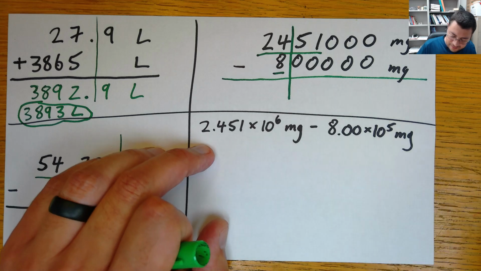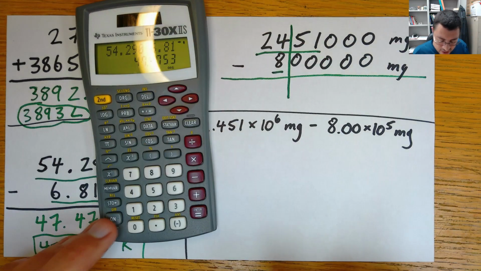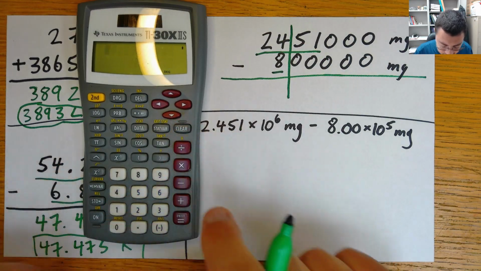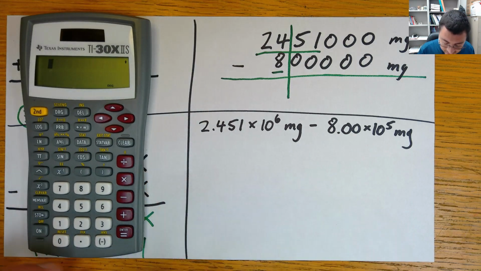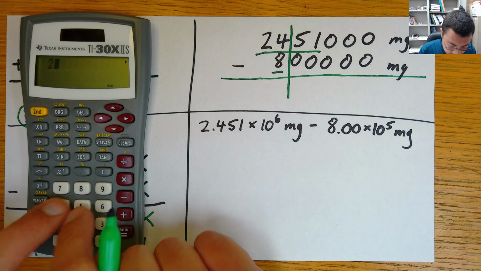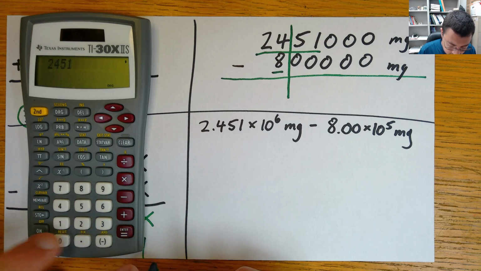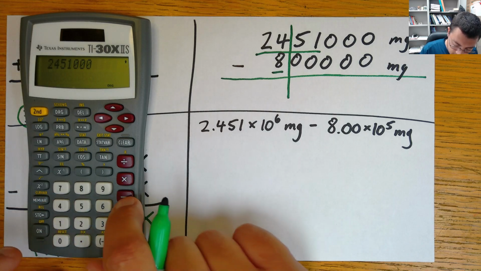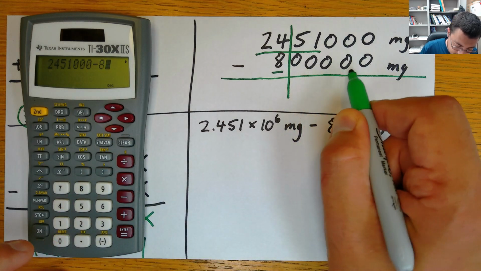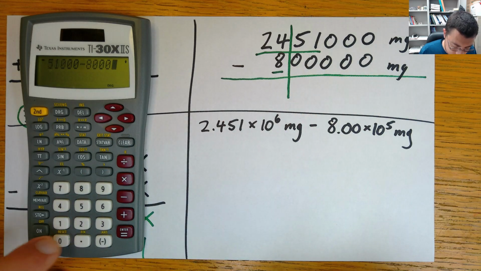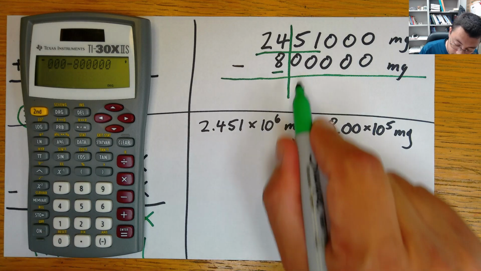All right. Now, I didn't draw a bunch of commas yet because I didn't want that to clutter the page, but now, after I do this math, I'll put them in. 2, 4, 5, 1, 0, 0, 0, minus 8, 5 zeros. Gonna double check that, yep.